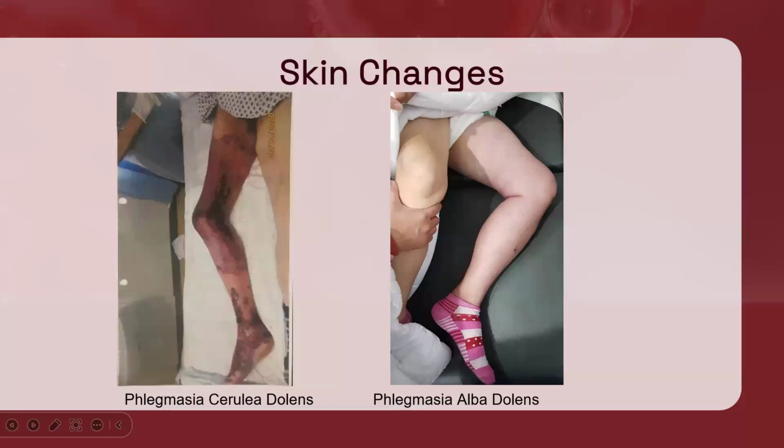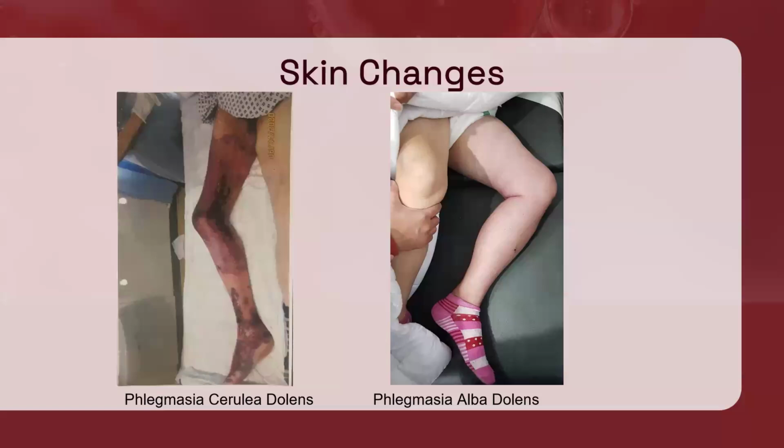As the venous thrombosis progresses, it will cause worsening pain, cyanosis from ischemia, and can then further progress to phlegmatia cerulea dolens, which is a painful blue inflammation in which there will be marked swelling and cyanosis, with obstructive iliofemoral vein thrombosis.